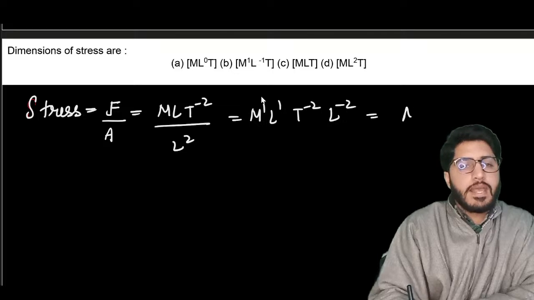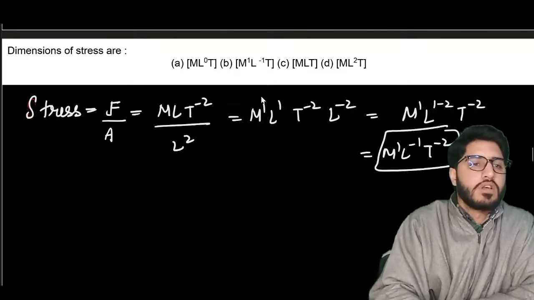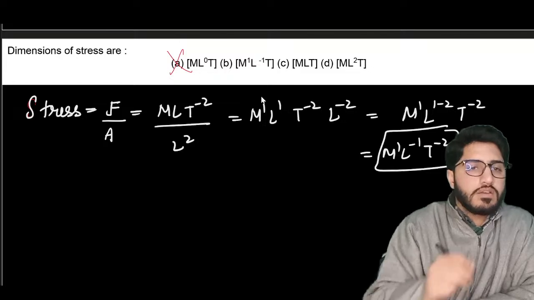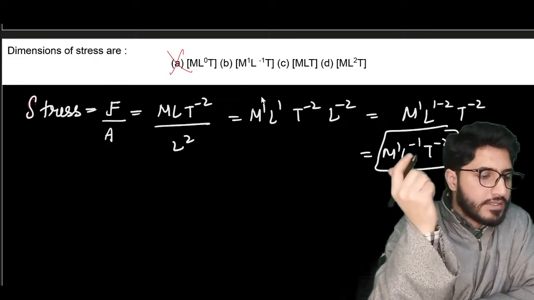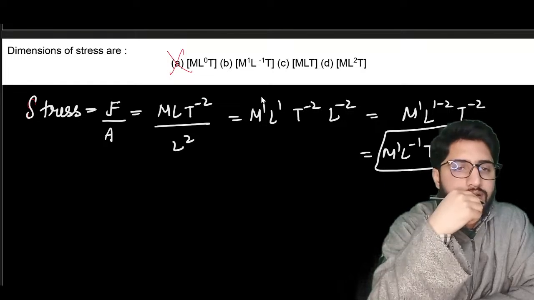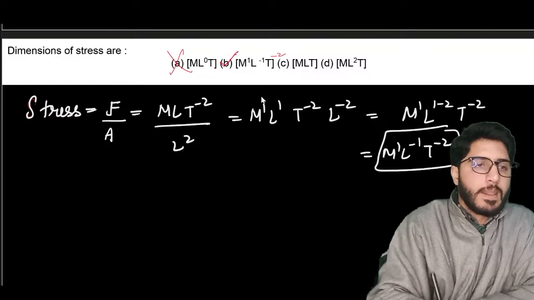So I can write M1 L1 minus 2 T minus 2. That is M1 L minus 1 T minus 2. Which option is matching with this? M1 L0, no. M1 L minus 1 T, no. There is no option matching, so I guess there is a correction. It is T minus 2 here. This one is the correct option, option B.